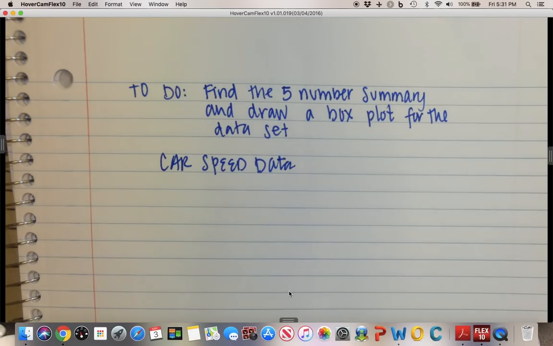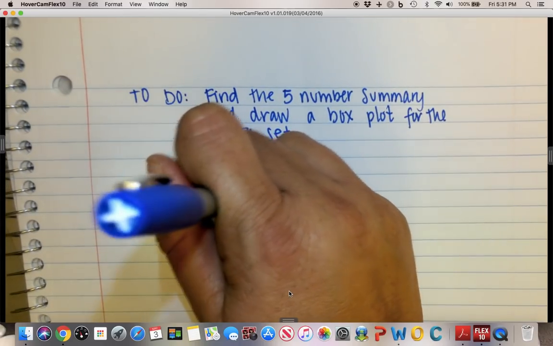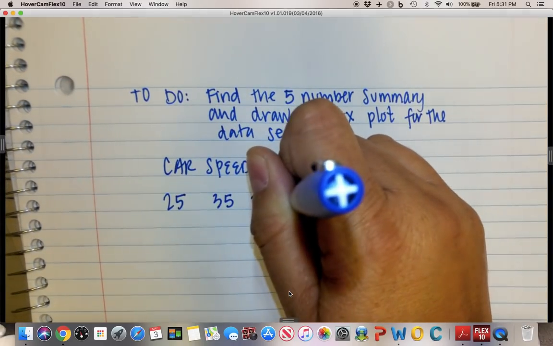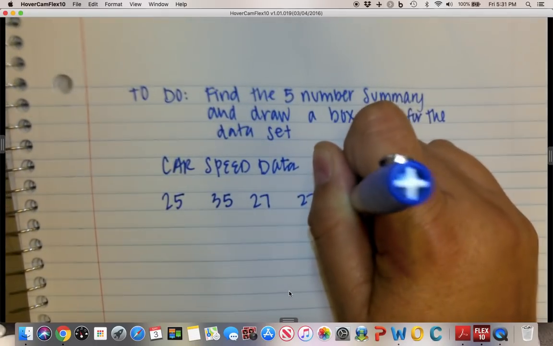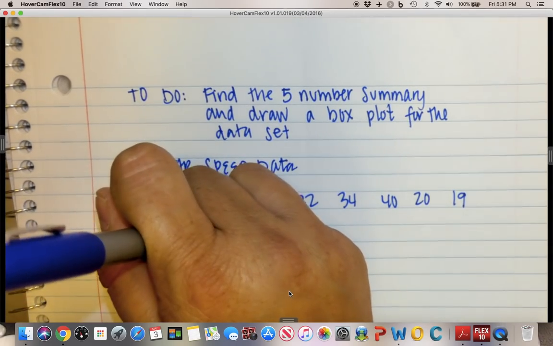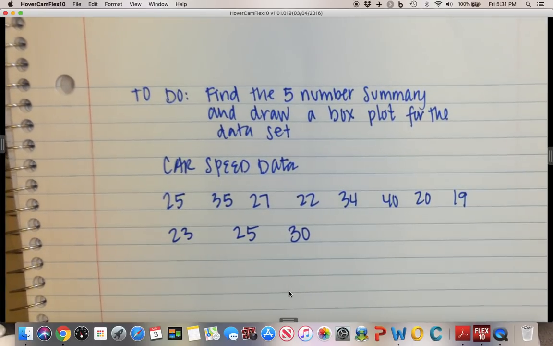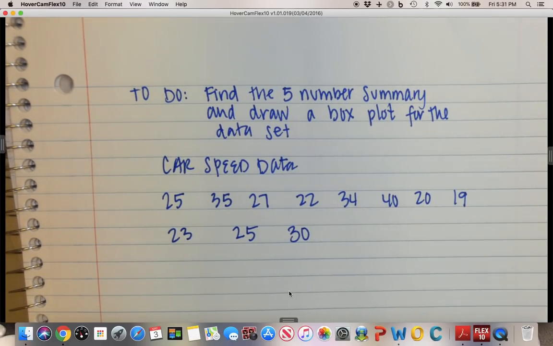Here are the numbers that they got. Your job now is to find the 5-number summary, order them from least to greatest, draw the number line, and make the box and whisker plot. Good luck, and we will talk about it.